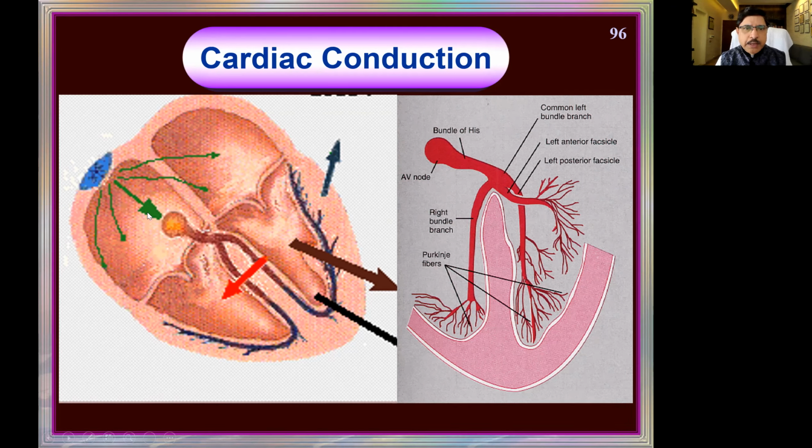So if the impulse directly goes into the ventricle, the moment the contraction occurs, before there is a change in the position of the valves, the ventricle starts contracting. So ideally, when the ventricle has to contract, these valves have to be closed and the semilunar valves have to be open. For that, it will take a little delay, and that time is what actually AV nodal delay, and that is the cause of the PR interval, which we have understood.